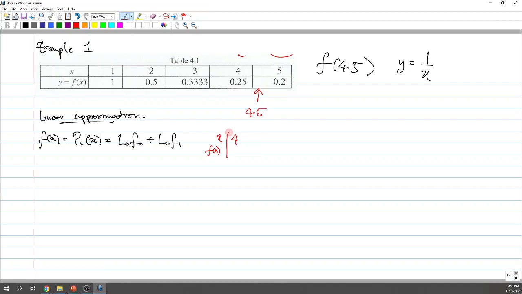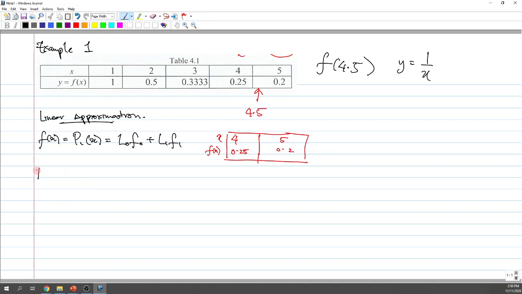Only this part we take: 4, 0.25, 5, 0.2. Once we take the points, the others we forget. Then try to settle to find the value.